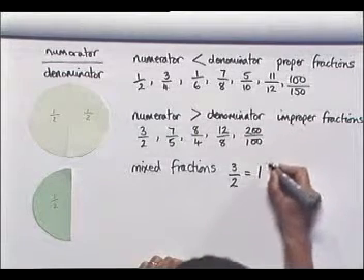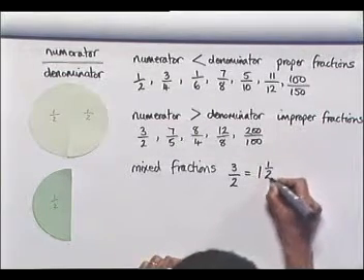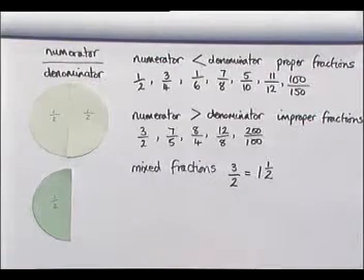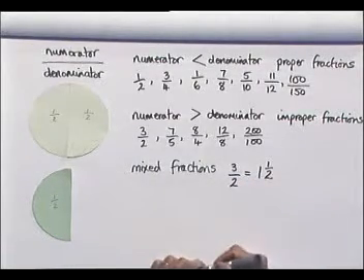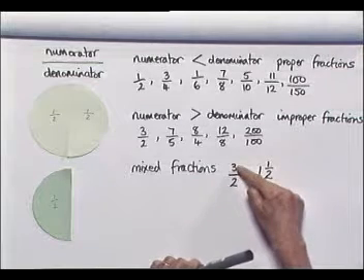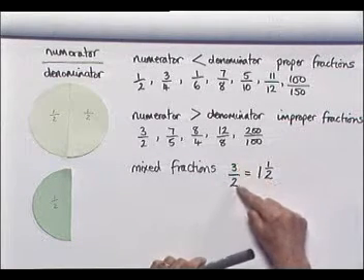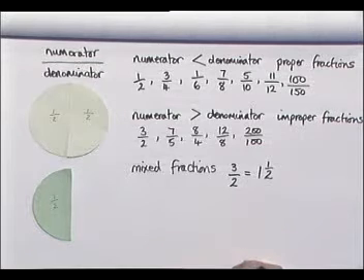So that can be written as 1 and 1/2. So they're exactly the same, but written in a different form. One as a mixed fraction, and one as a top-heavy fraction, an improper fraction, where the numerator is larger than the denominator.